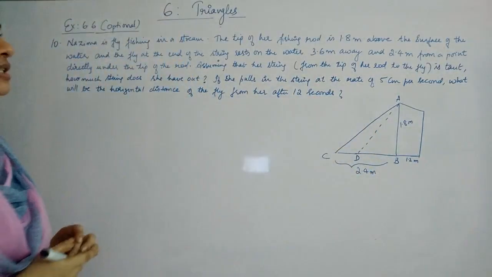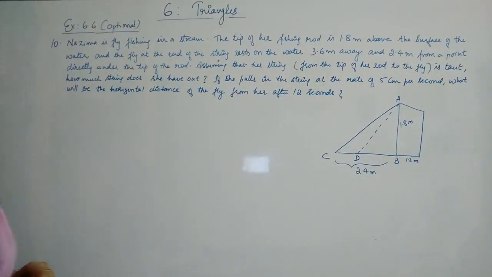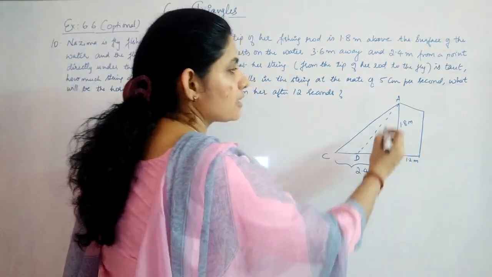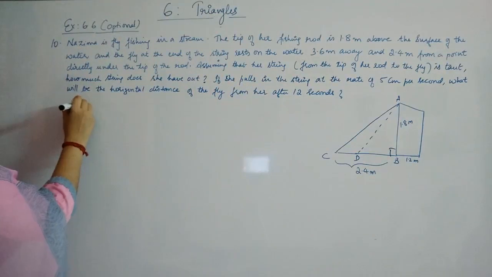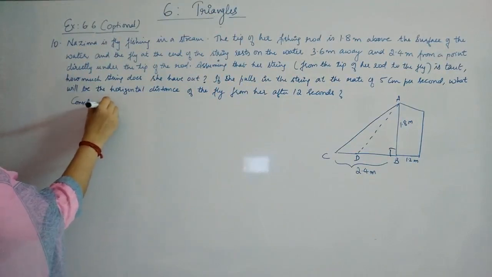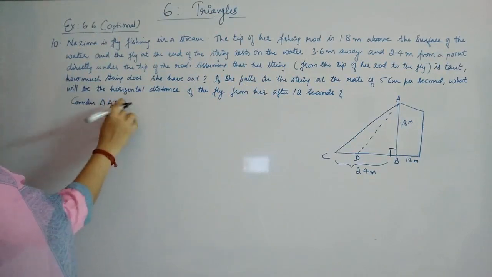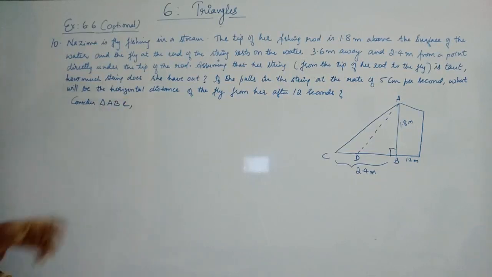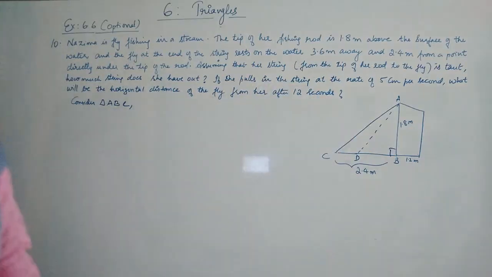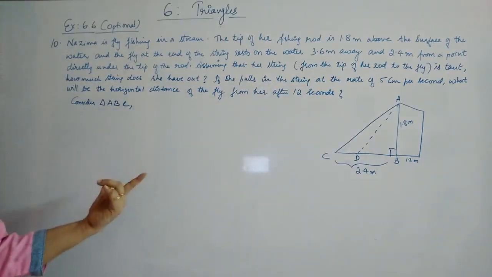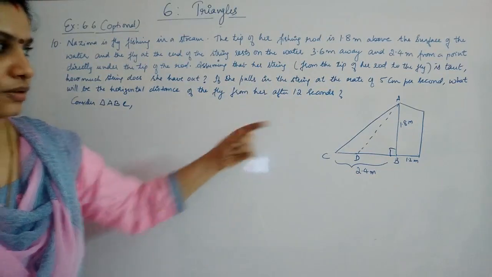Clear? So first we are considering the triangle. Here again it is a right angle triangle, triangle ABC. So first we need to find out AC. Then we will find out the new or remaining length, that is AD, also.